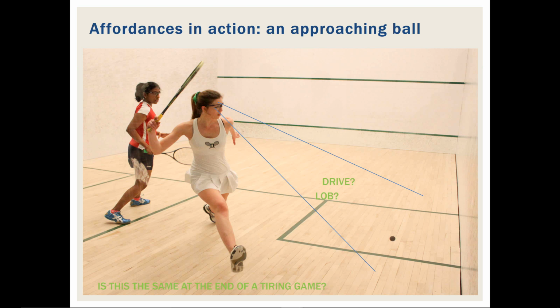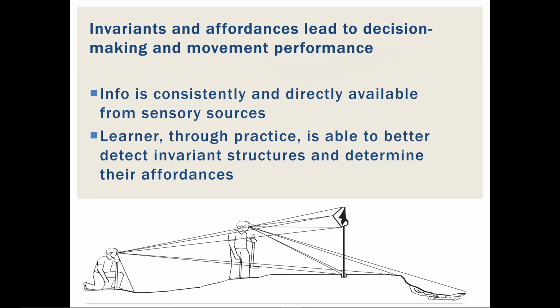So those invariants in the environment that we talked about before and affordances are going to lead to decision making on which movement we are going to perform. So information that we perceive is available all the time.